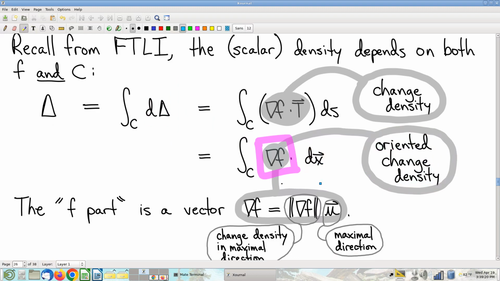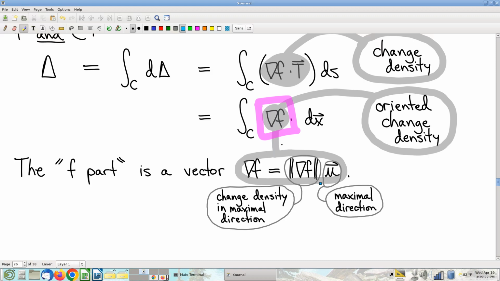Let me point out another thing about oriented change density. You can look at what's inside of it. You can make sense out of the two different geometric aspects of this gradient vector. All vectors have two geometric features, a magnitude and a direction. Keep in mind, the magnitude tells you how steep the mountain is. It tells you how fast the function is changing.